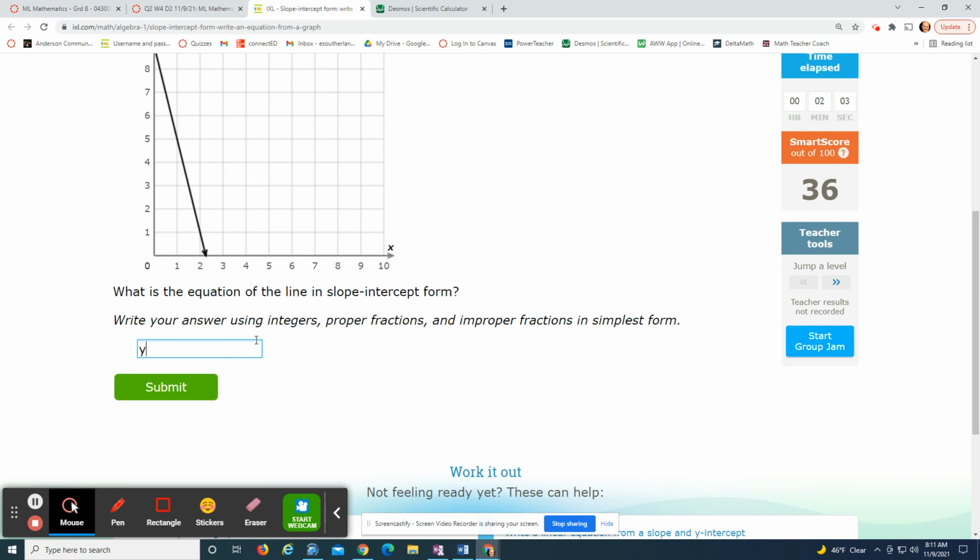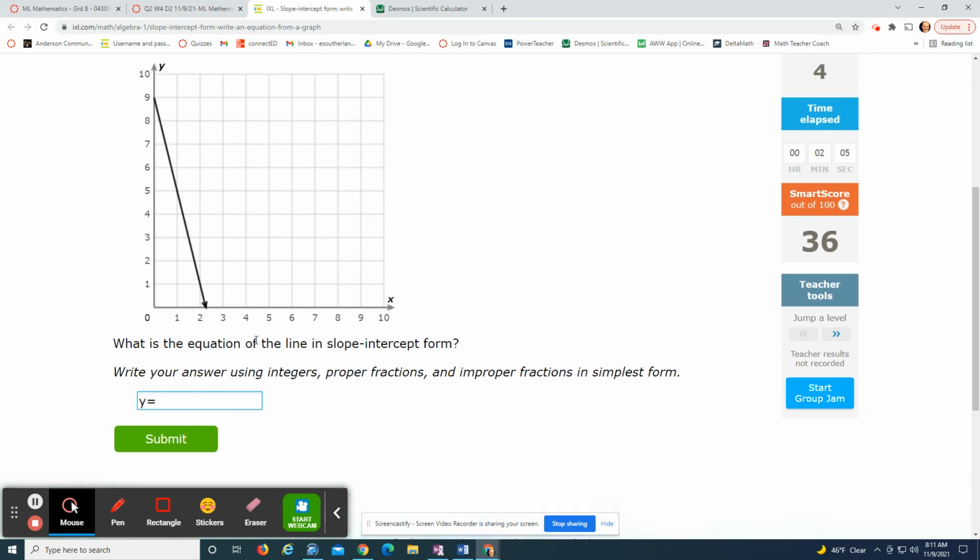Here, this one says y is equal to 4 over 1 x, and it's negative x, and then it's plus 9.